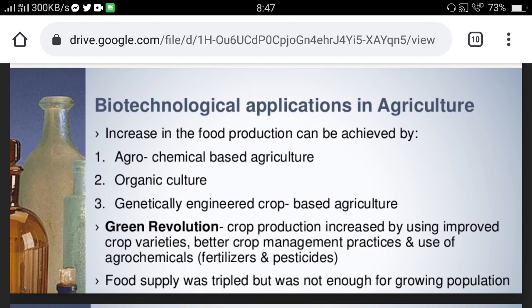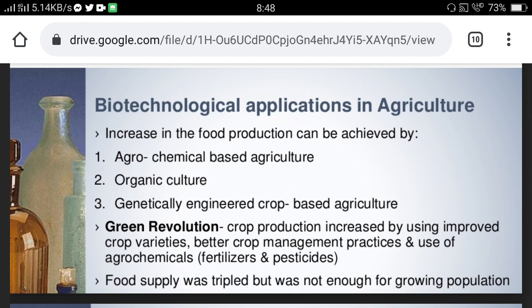Biotechnological application in agriculture. Increase in food production can be achieved by agrochemical based agriculture, organic culture, and genetically engineered crop based agriculture.